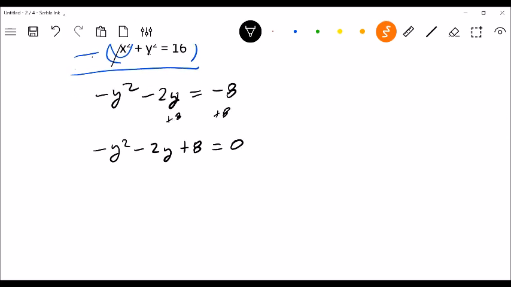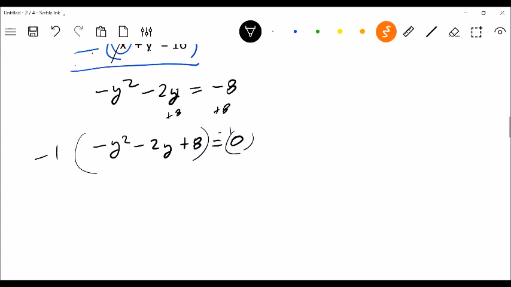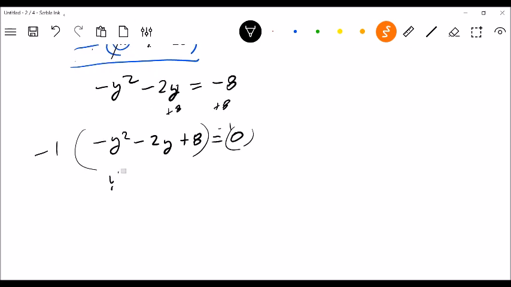This, we're going to multiply everything here by negative 1, both sides. And now when we do that, we're going to get y squared plus 2y minus 8 equals 0.